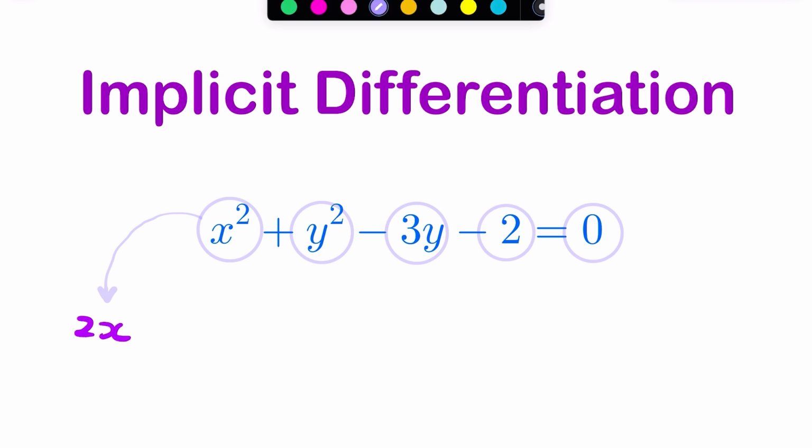Now, when you differentiate y squared, it's also 2 multiplied by y, but because it's y and not x, we use the chain rule and multiply by dy by dx.